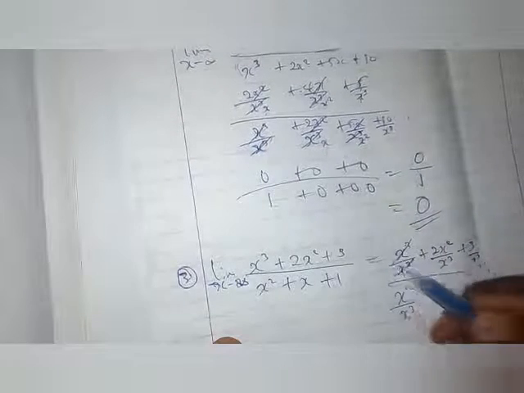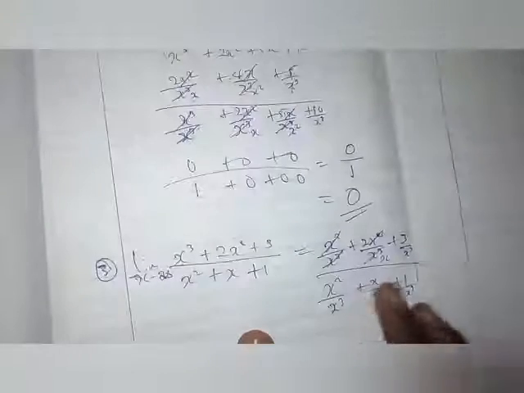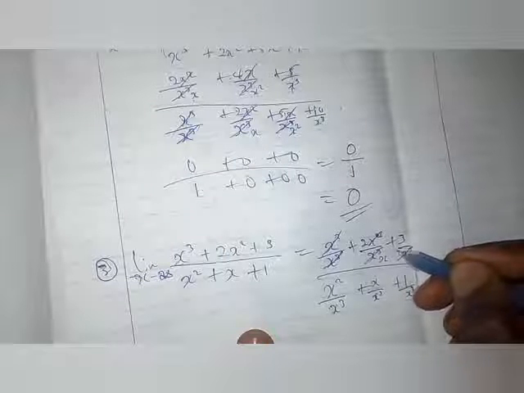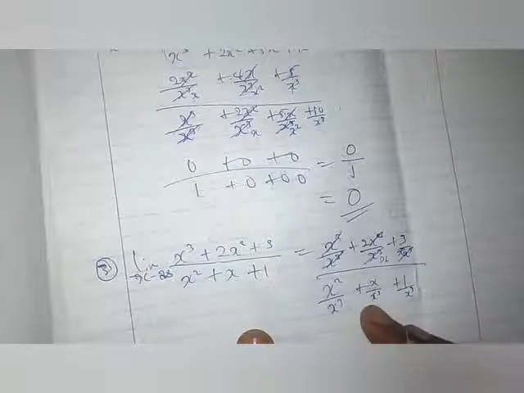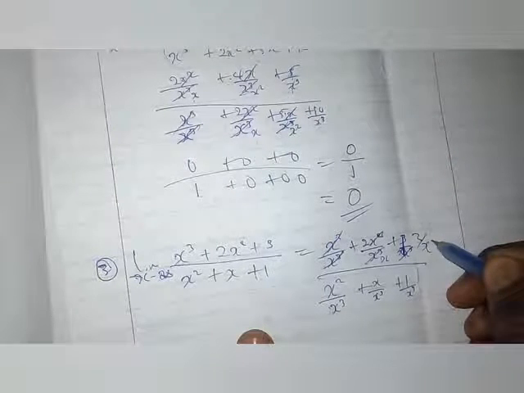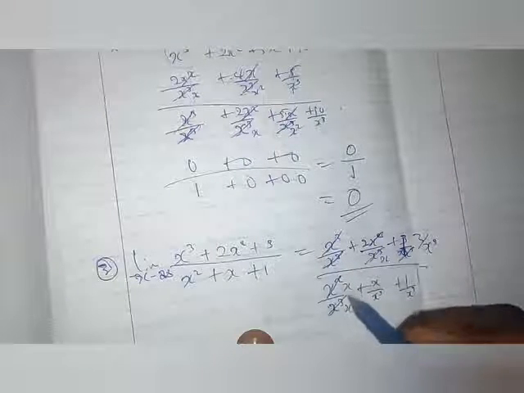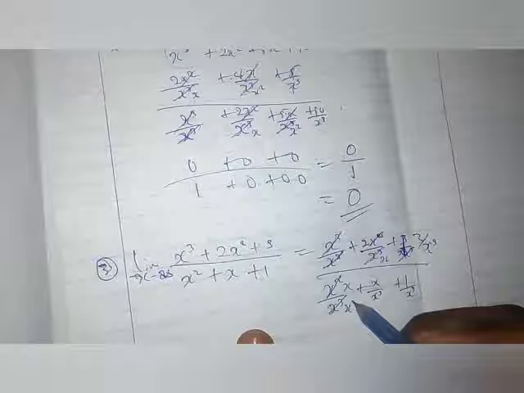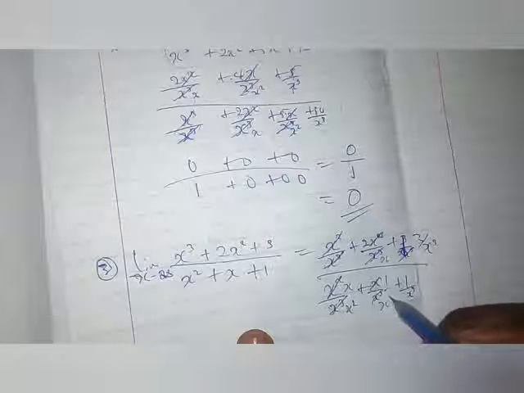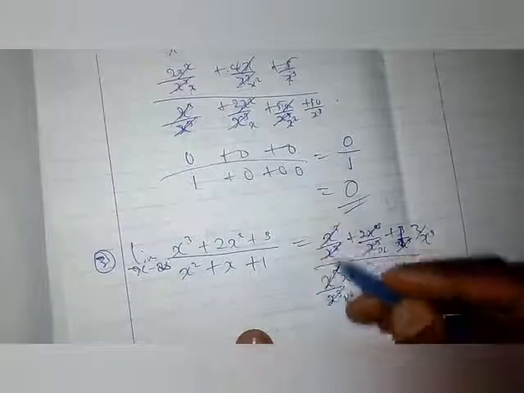So this one has cancelled, this one has reduced to 2 over x, and this one still remains 3 over x to the power of 3. This one has reduced to 1 over x, this one has reduced to 1 over x squared, and this one still remains the same.